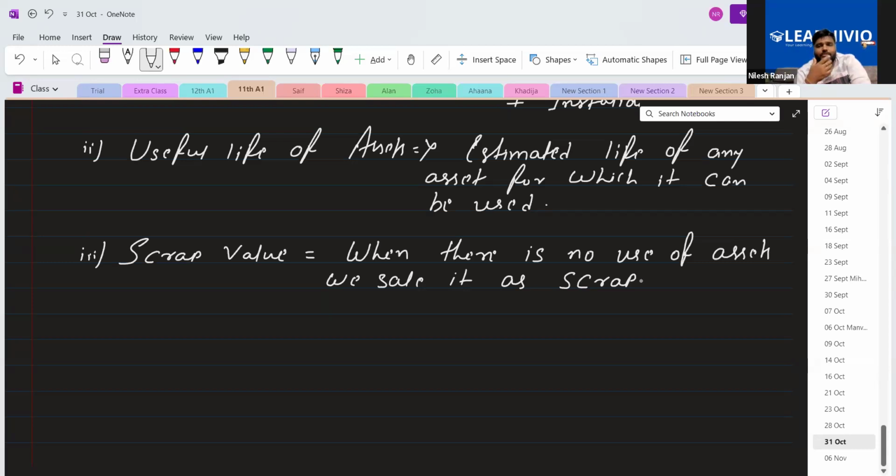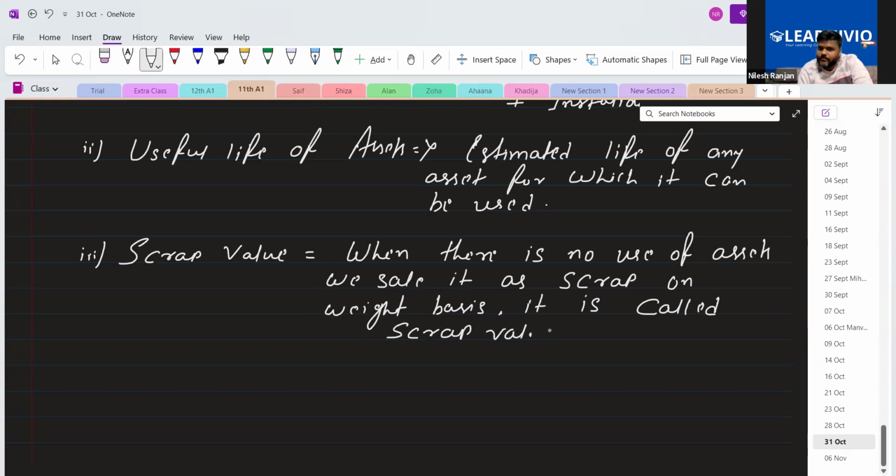They will purchase it per kilogram and then pay you on the basis of the weight. So we sell it as scrap on weight basis. It is called a scrap value.